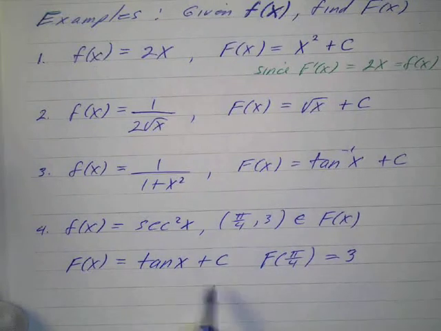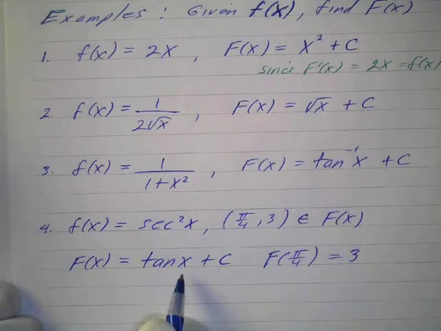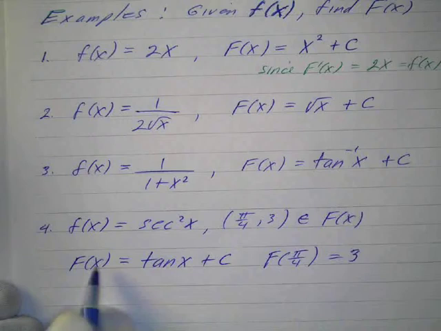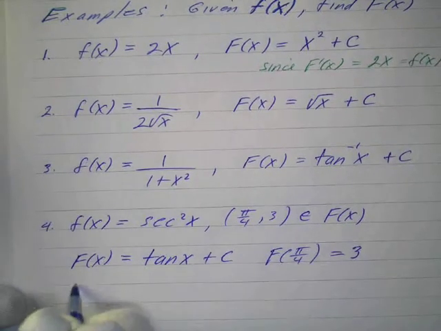So now what I can do is just substitute this in. Every time I see an x, I'll put a pi over 4, and every time I see an F of x, I'll put a 3.